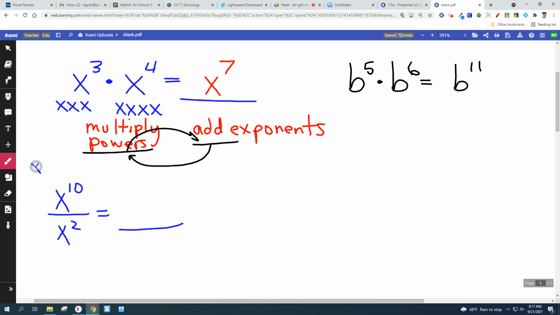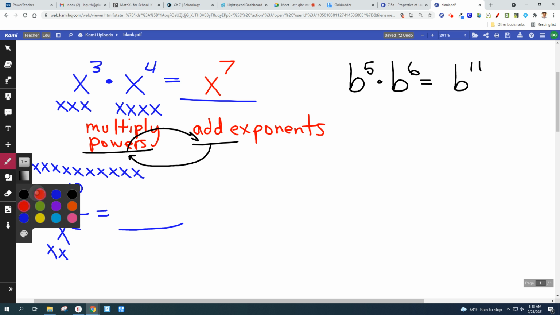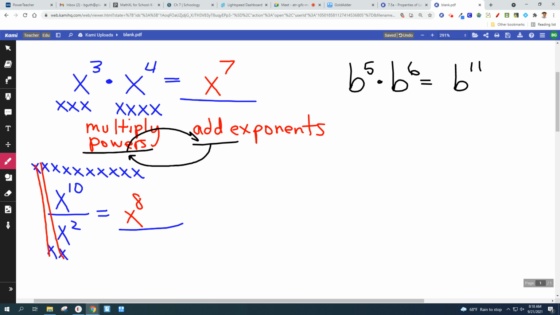X to the 10th is 10 x's, 1, 2, 3, 4, 5, 6, 7, 8, 9, 10, and x squared is x times x. To me, it looks like cancellation. I can cancel 2 of those x's, and I'm left with 8 of those x's. So this answer would actually be x to the 8th power.